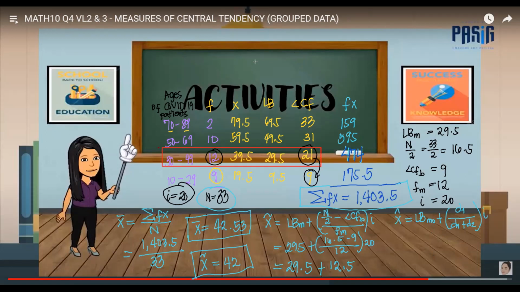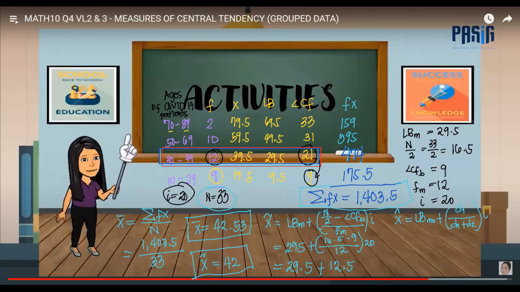So, yung modal class natin ay ito pa rin. That's 30 to 49. Pwedeng pareho yung median class at modal class, ano? Pwede rin namang magkaiba.